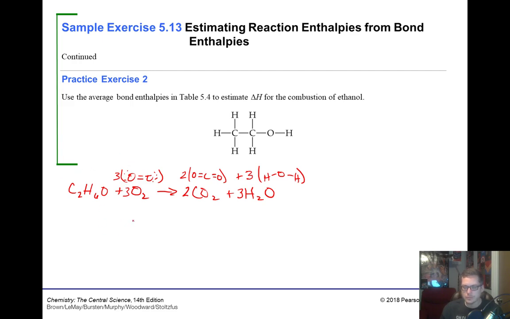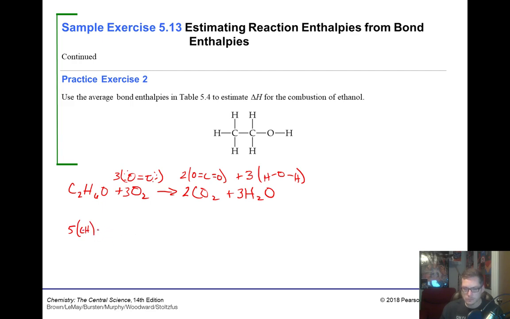So for bonds broken, we have C in our ethanol here. We've got 1, 2, 3, 4, 5 CH single bonds.